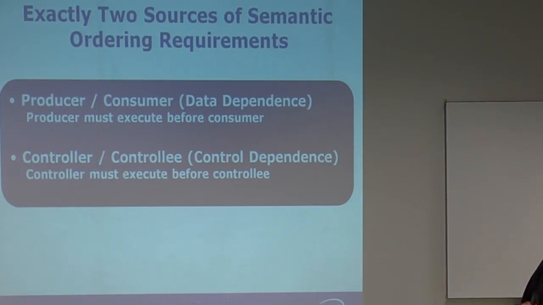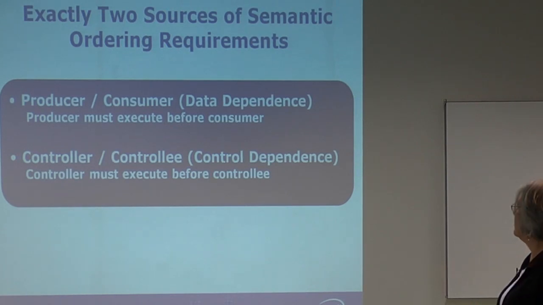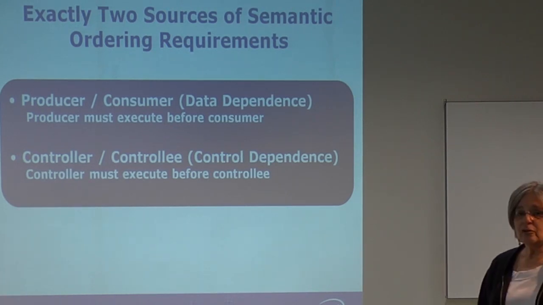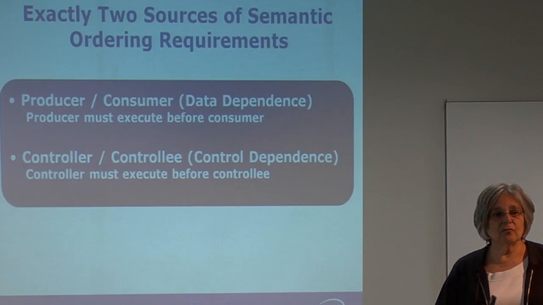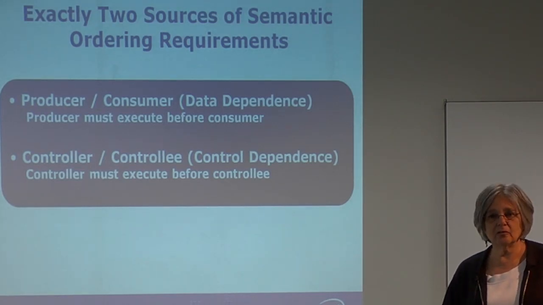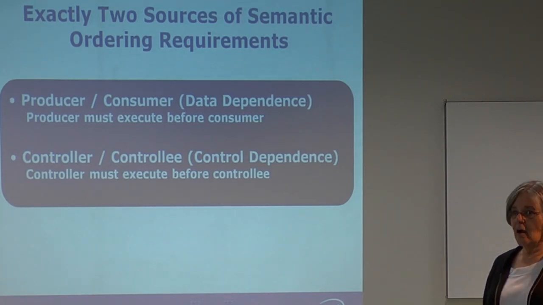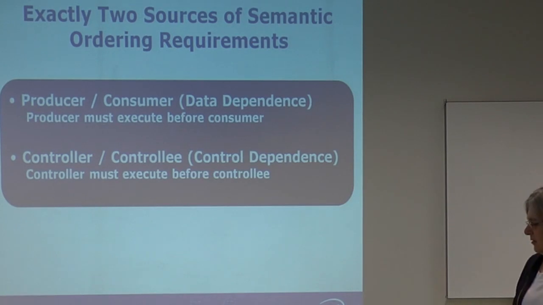If you have a producer producing some data and a consumer consuming it, then that producer has to execute before the consumer. That's pretty straightforward. And there's a controller-controllee relationship. If one computation determines whether another computation is going to execute, then the controller has to execute before the controllee. That's it, basically.